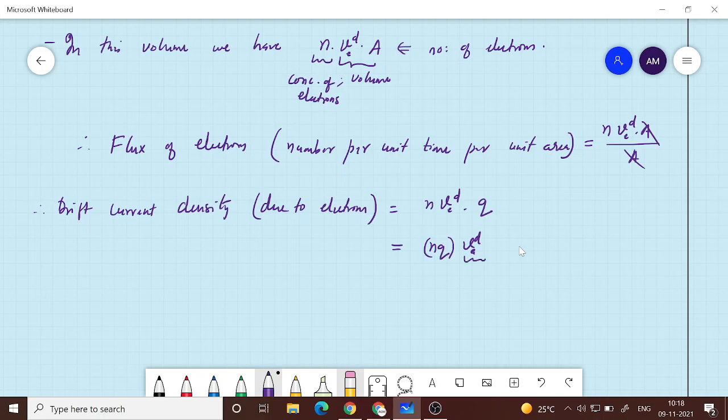So this is the drift velocity, and this is basically the charge density. n is the number density or concentration.